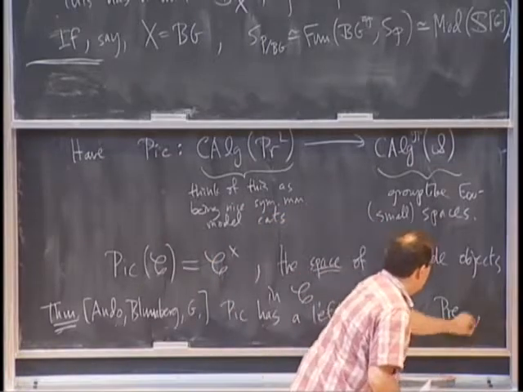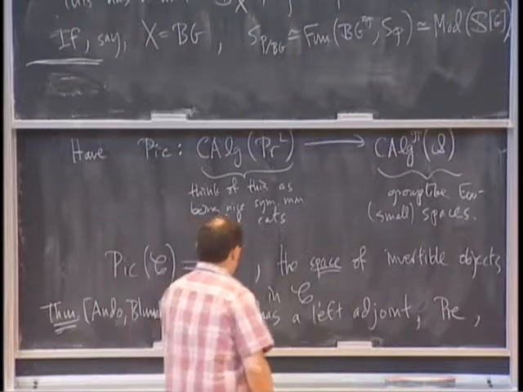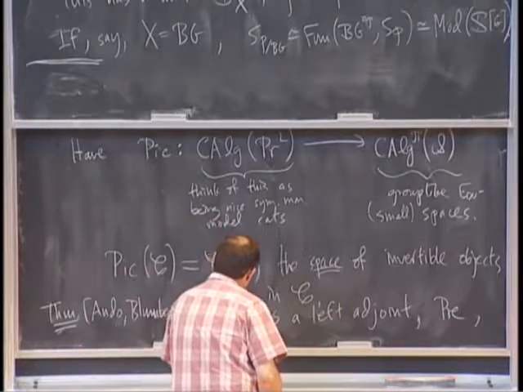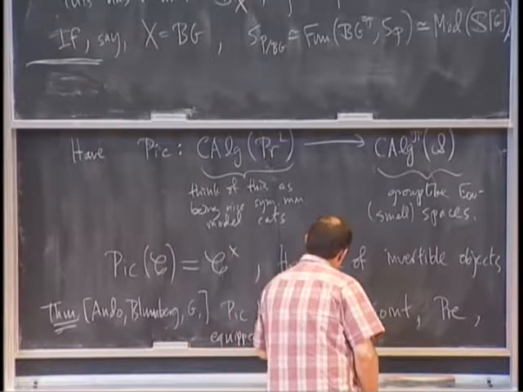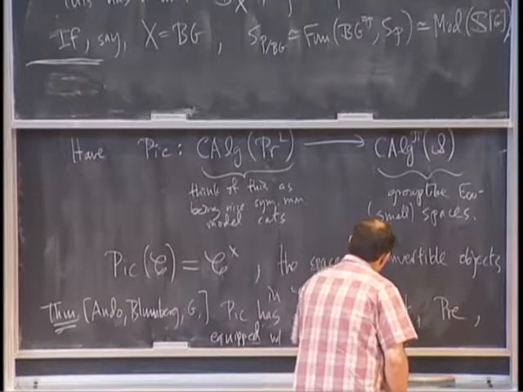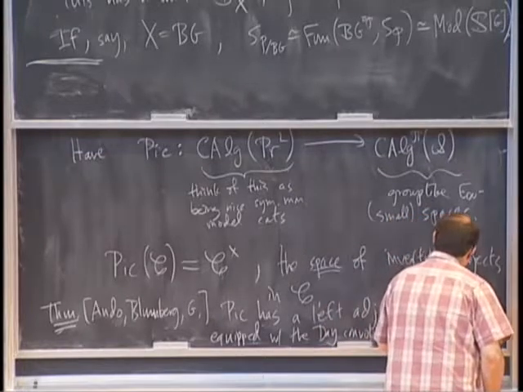So how is presheaves symmetric monoidal, equipped with the Day convolution symmetric monoidal structure?